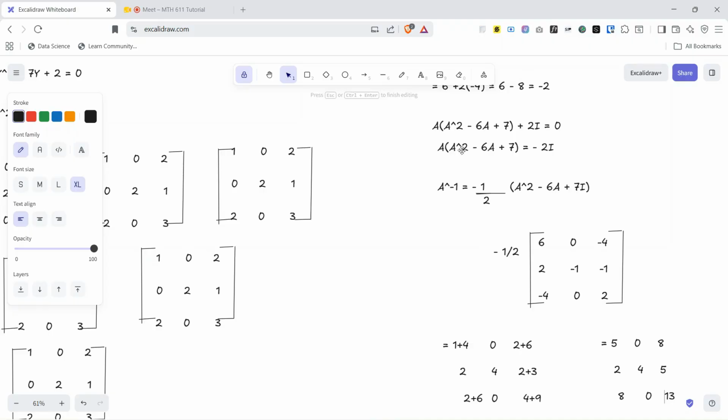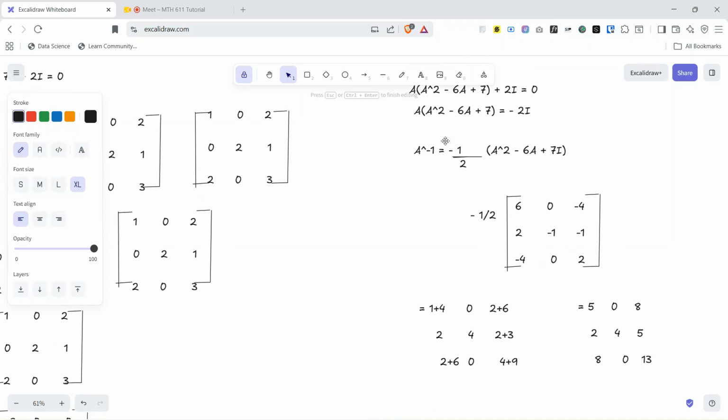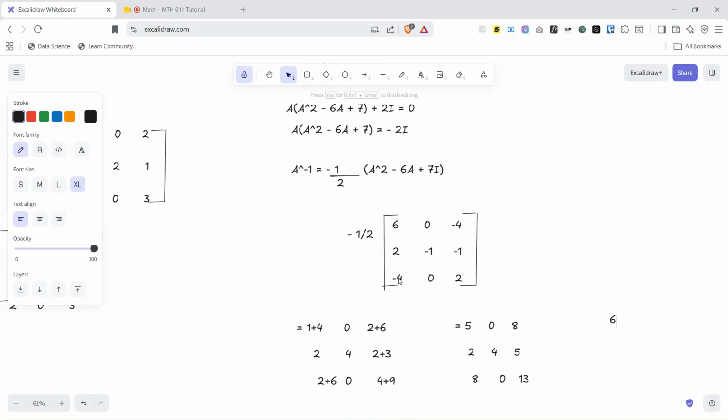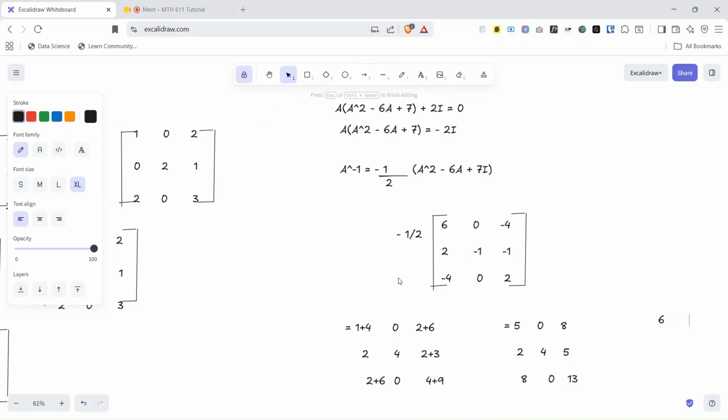So that's A squared. To get minus 6A, we multiply 6 through all of this. That's 6, 0, 12; 0, 12, 6; 12, 0, and 6 times 3 is 18.